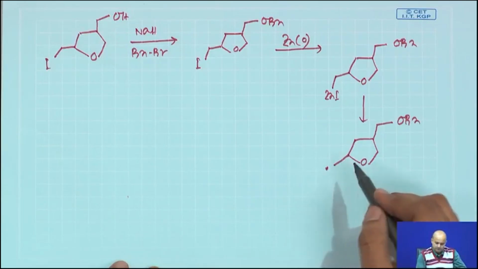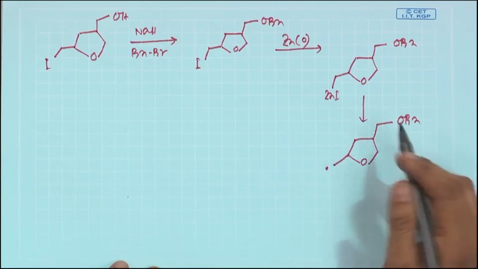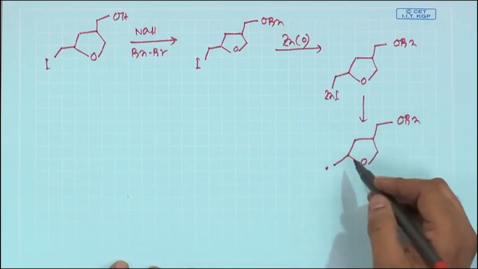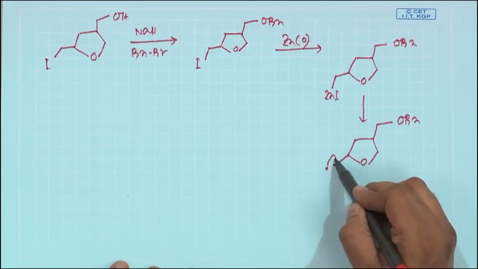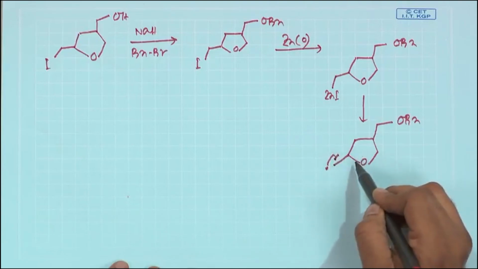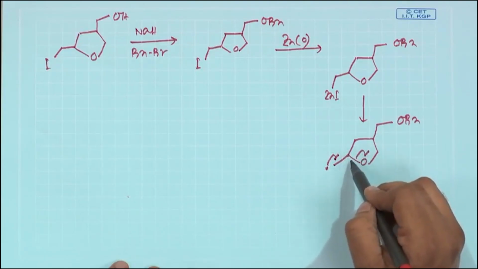Now, this radical will try to fragment in a different way, because it is having an oxygen functionality in close proximity.